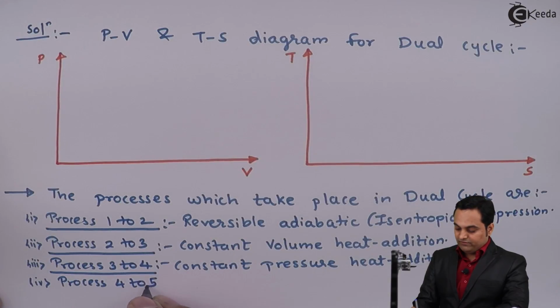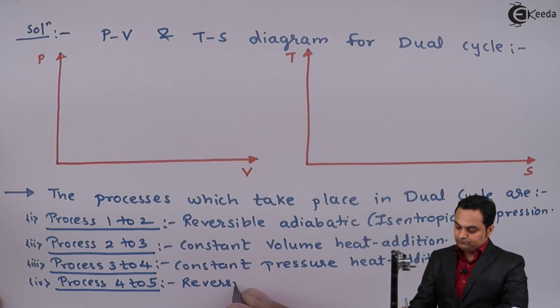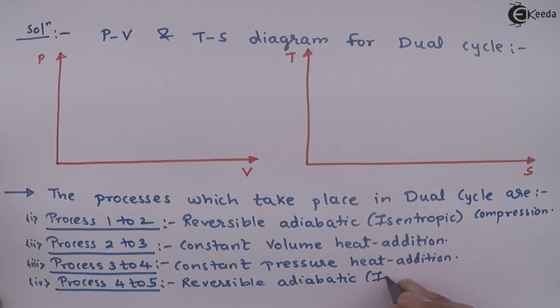Process 4 to 5 is reversible adiabatic, which is isentropic expansion.